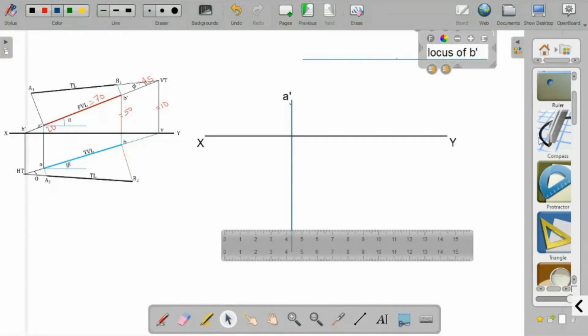Now you need the compass and take a radius of 70 millimeter, and with A dash as center, draw an arc, and this point is B dash.